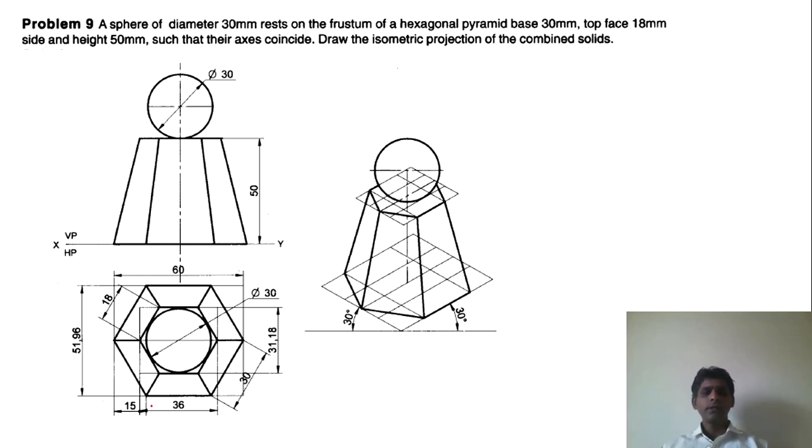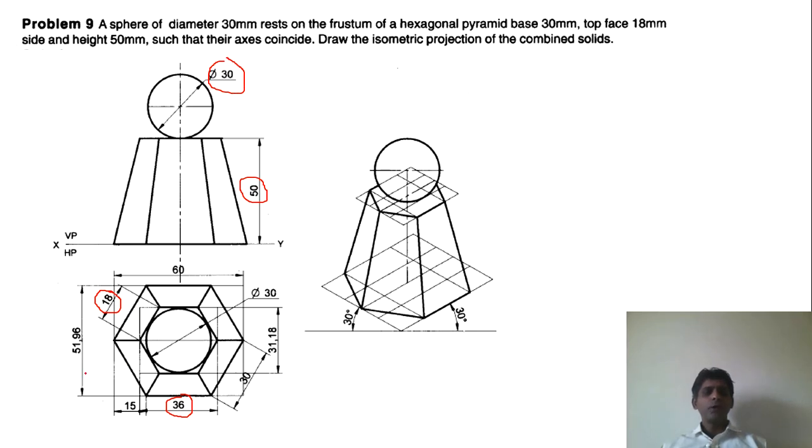So we will be drawing this hexagon first, and then inside this hexagon we will be drawing another hexagon whose side is 18 mm. You can see here it is given as 18 mm, and the base is 36 mm here, and its height is 50 mm, and the diameter of the sphere is 30 mm, right?